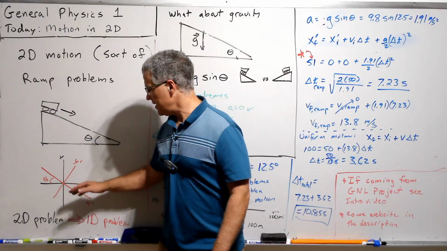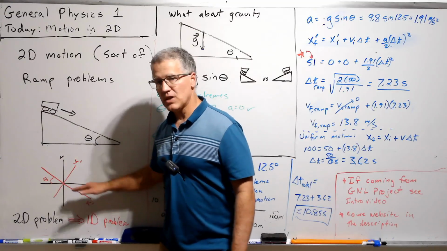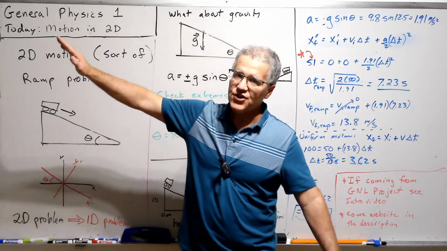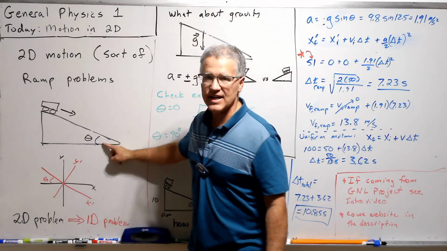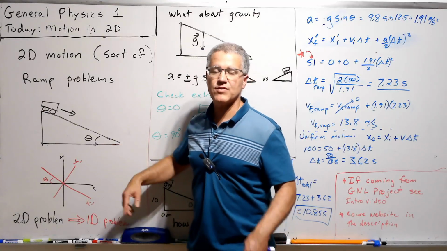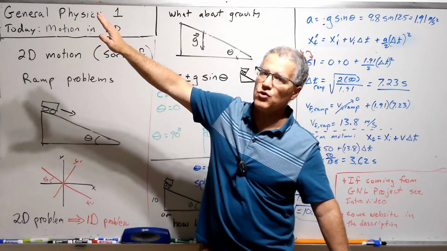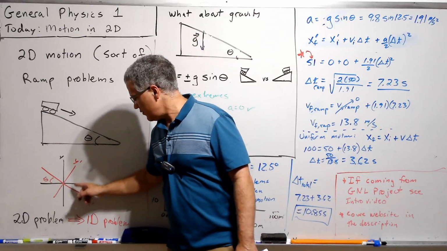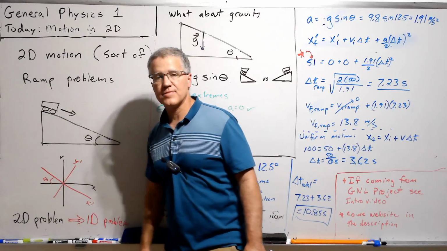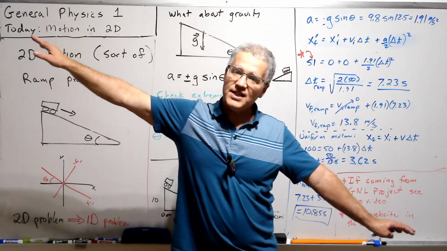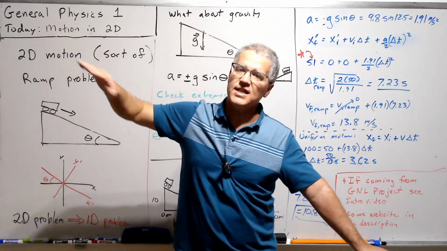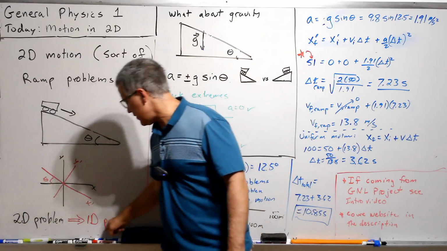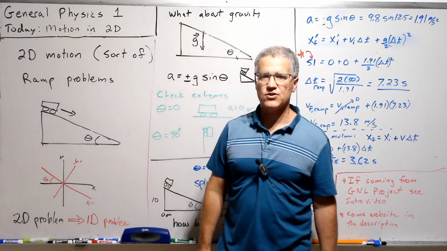So what we do is we take our black coordinate system here, our normal, vertical, and horizontal, and just turn it exactly to match the angle of the ramp. So whatever the ramp is, we create a new coordinate system, x prime and y prime, indicated in red here. And so what happens there is the cart now moves only in the x prime direction. So we've taken this 2-dimensional problem and reduced it to a 1-dimensional problem.